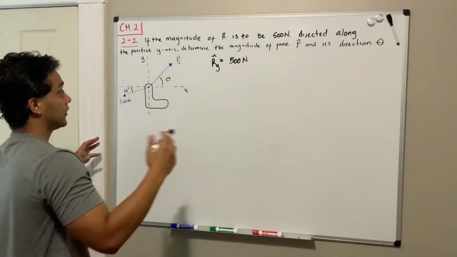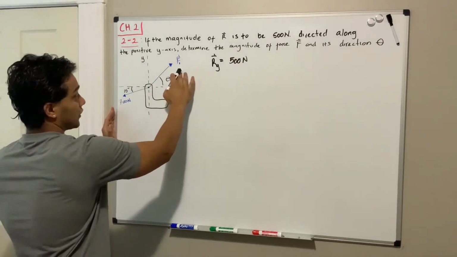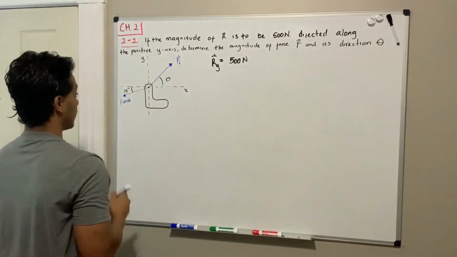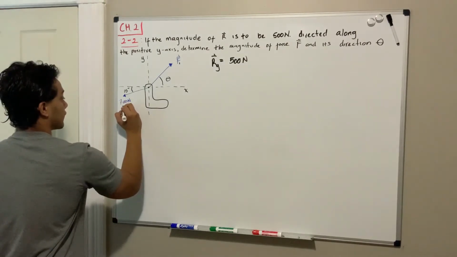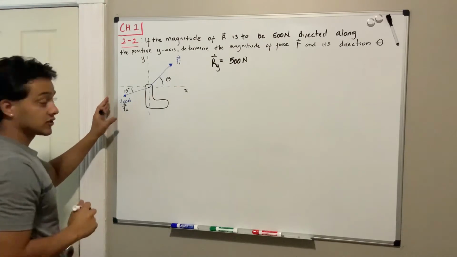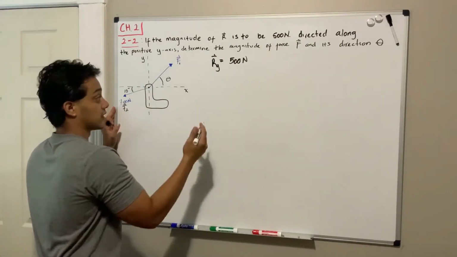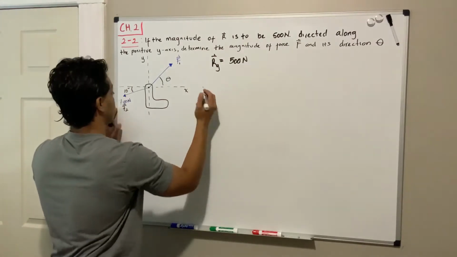That means that everything on the x direction of this 700 newtons is going to be cancelled out by the force F of 1. I'm going to call this little guy F of 2 just to give it a name. I'm going to start by decomposing F of 2 into its x and y directions.